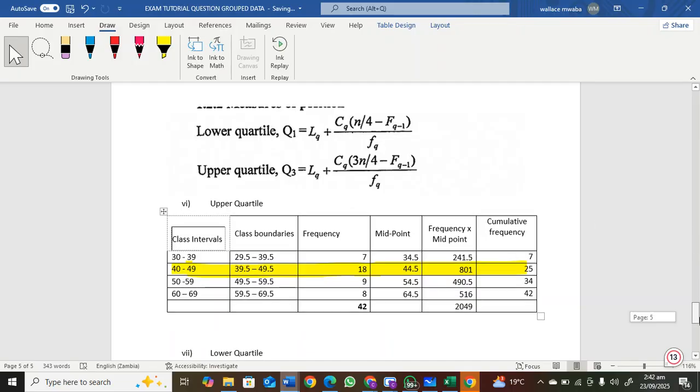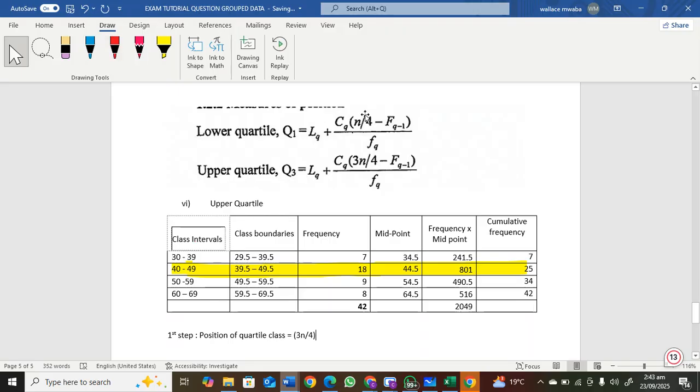Okay, so for the upper quartile, we need to find the position of the quartile class. First step, position of the quartile class. The way we get that position is 3n divided by 4.